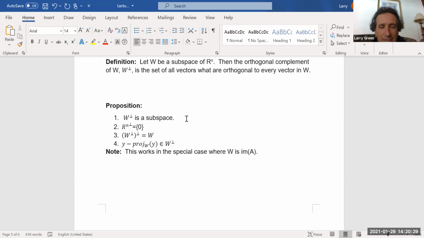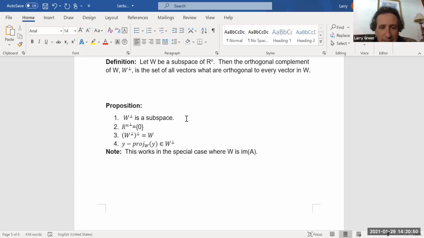And then finally, if you take your vector y, any old vector y, and you subtract the projection of y onto W, that'll always be an element of W perp. Any questions on this?